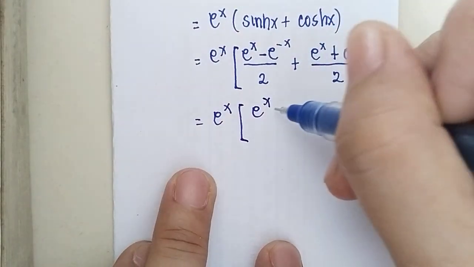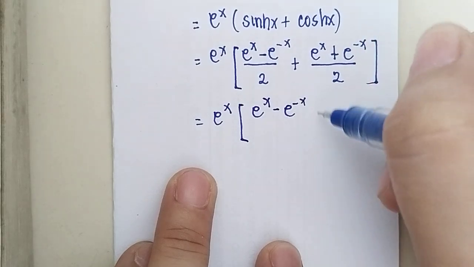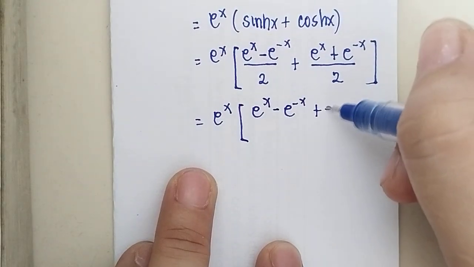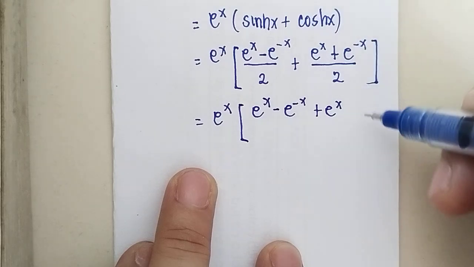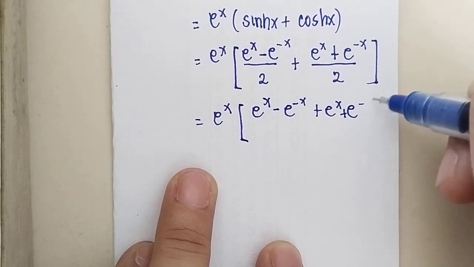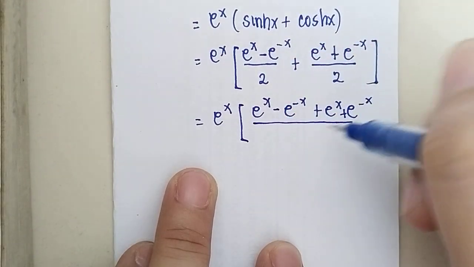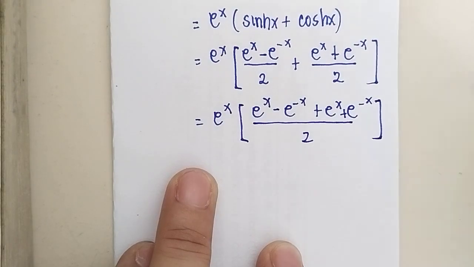So, e raised to x minus e raised to negative x, plus e raised to x plus e raised to negative x, all over 2.